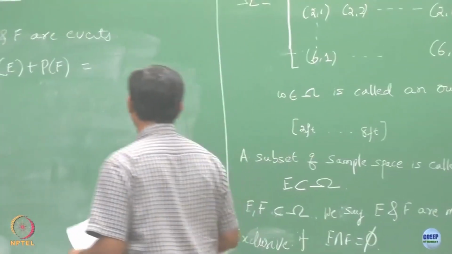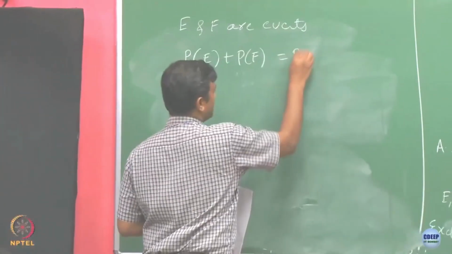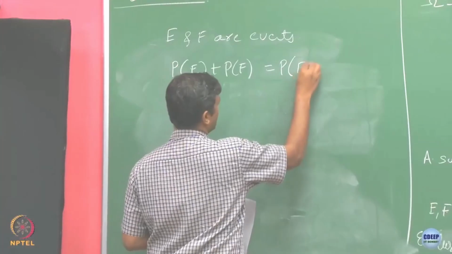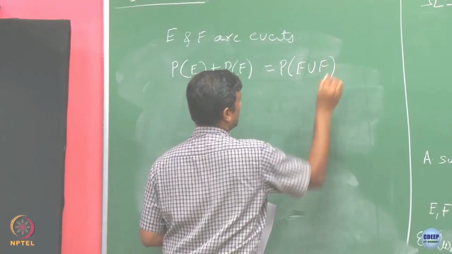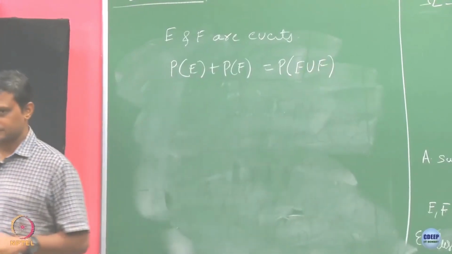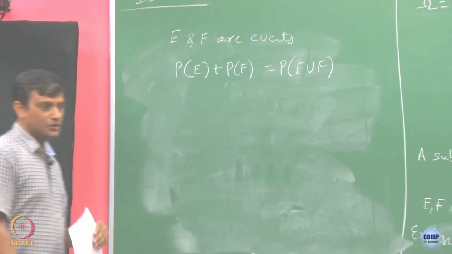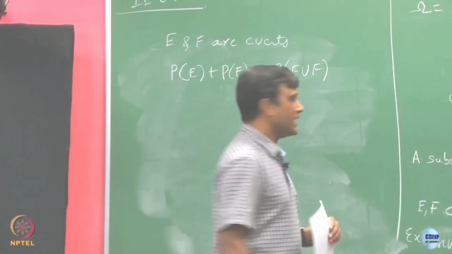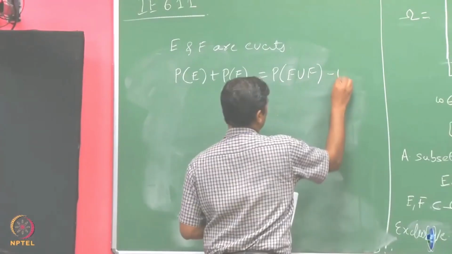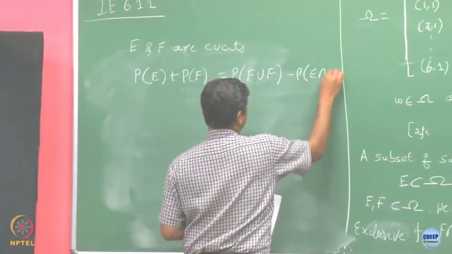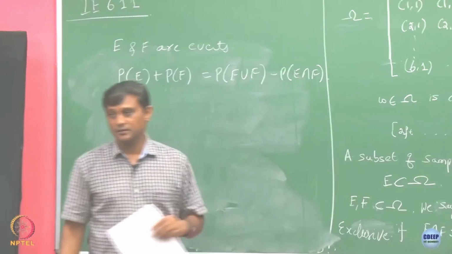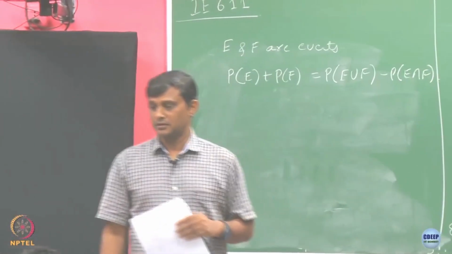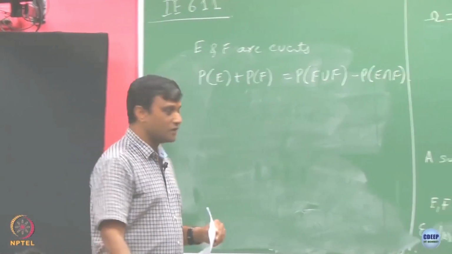One natural way to do this is to take the probability of E union F, and then you want to do a correction for this. Why is this correction here? They are not mutually exclusive, right?